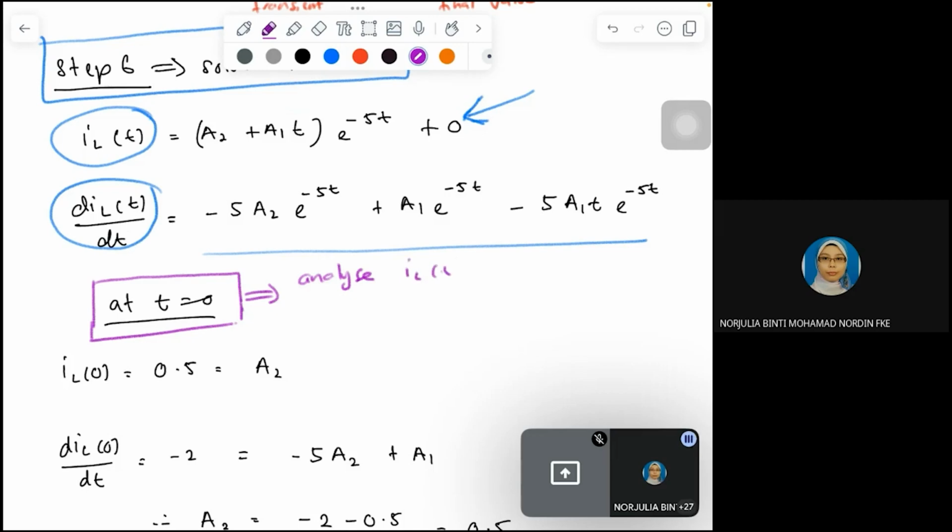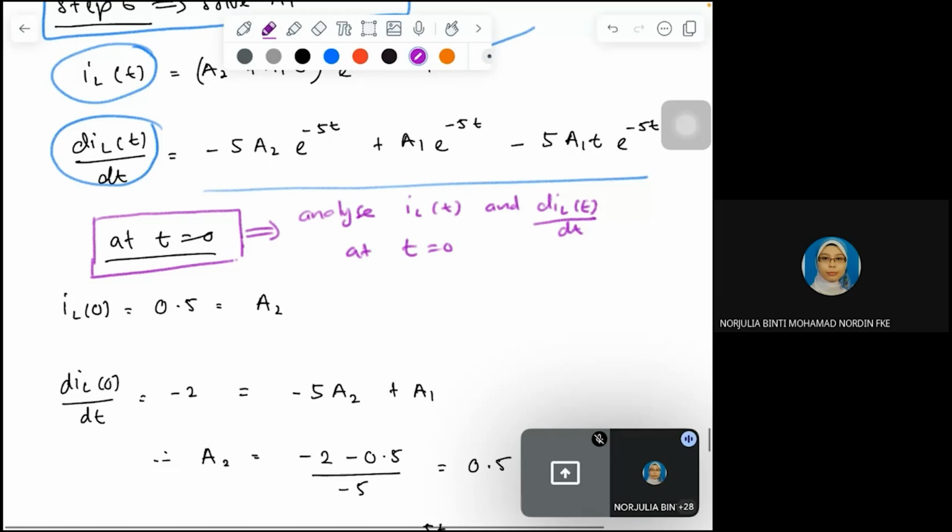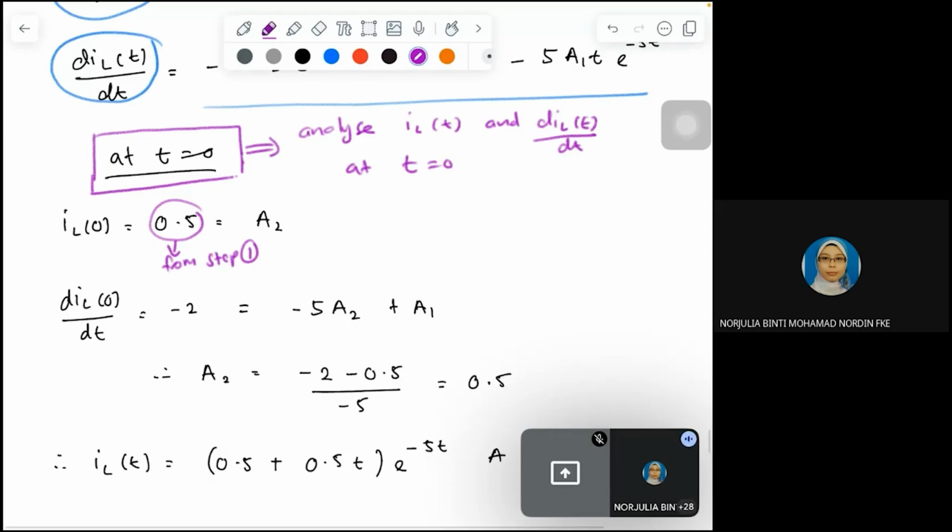Analyze IL(t) and dIL(t)/dt at t equal to 0, where IL(0) is equal to 0.5, which we can get from step 1, and this particular value from step 2, right? The dIL(0)/dt is equal to negative 2 mA per second.